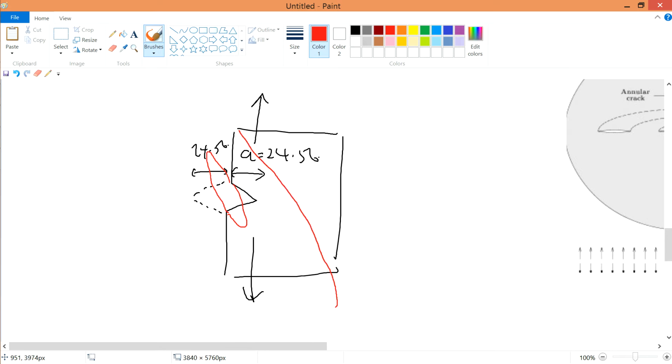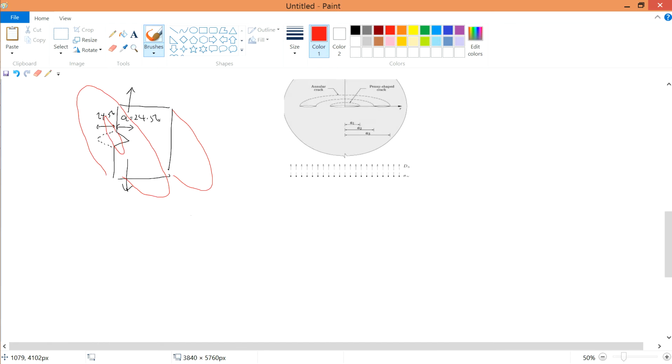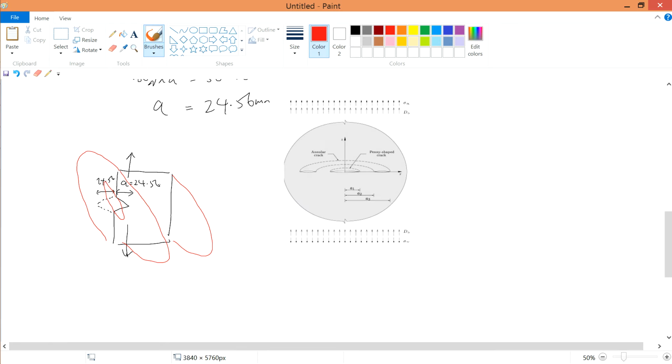Then we have a certain path over here, so you can see that this is our crack. The crack itself is somewhat like this.